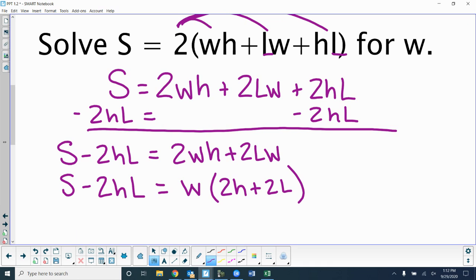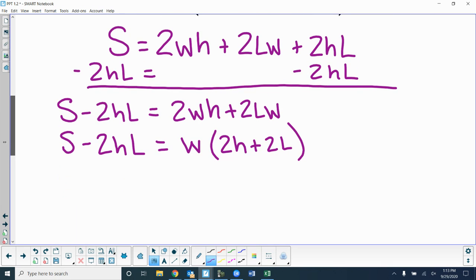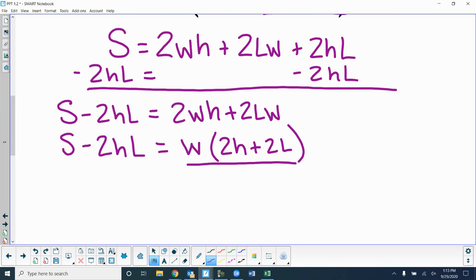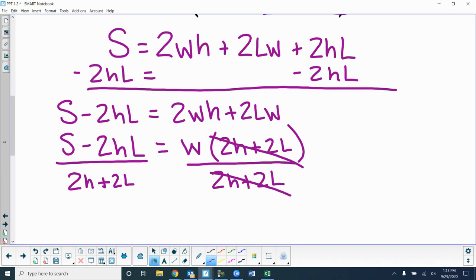So this is W times this quantity. How do I move that quantity over there now? Since it's W times that, you would divide, yeah. Going to the opposite side, do the opposite. So we're going to divide by that 2H plus 2L.